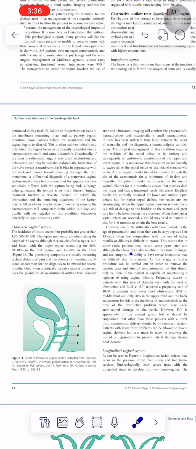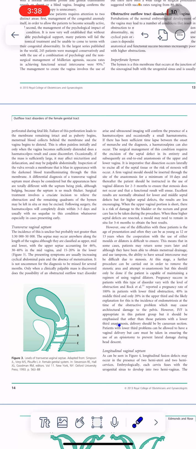Because in the upper third, if there is stenosis, the patient may complain of pain, and there is less chance that the sperm can cross this area. After that, IVF is appropriate in this patient group, and it should be emphasized other than for those with lower third anastomosis.